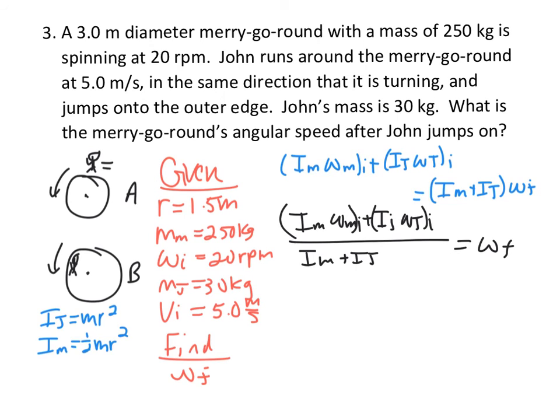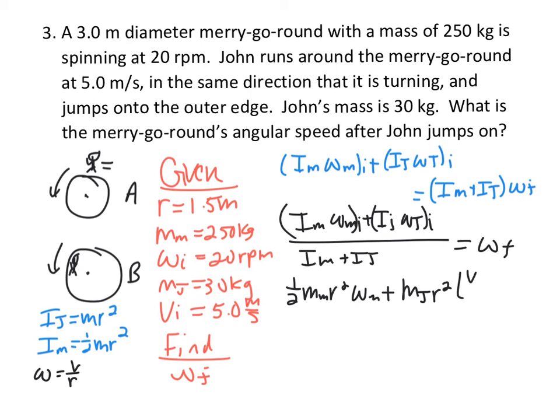Okay, so moment of inertia for the merry-go-round equals 1/2 mass of the merry-go-round, r squared, times omega, plus mass of John, r squared, times omega for John. So remember, omega equals v over r. We know John's linear speed, we know the radius.